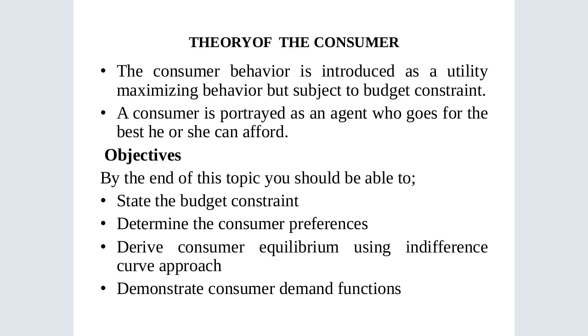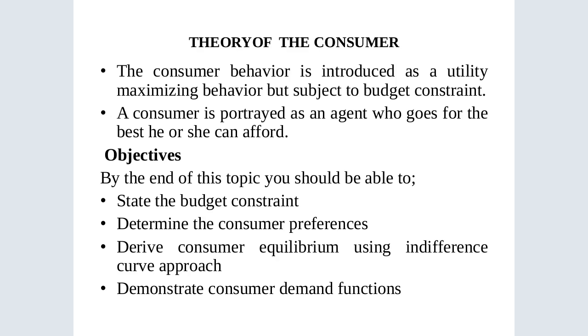Now in this unit, we want to express that utility maximization and the budget constraint in a mathematical form. The consumer is portrayed as an agent who goes for the best that he or she can afford. By the end of this topic, you should be able to state, that is, formulate the budget constraint.